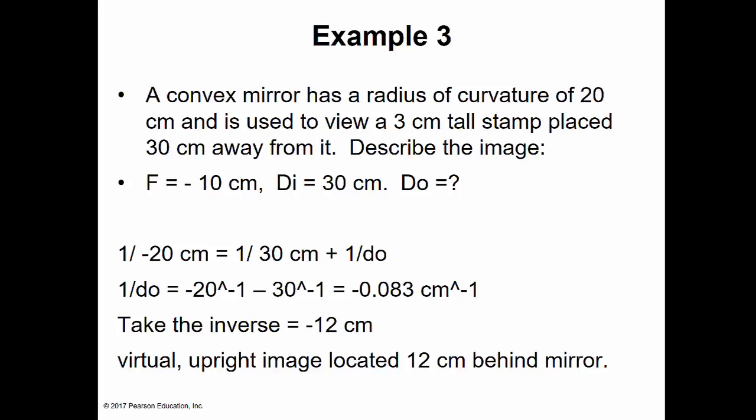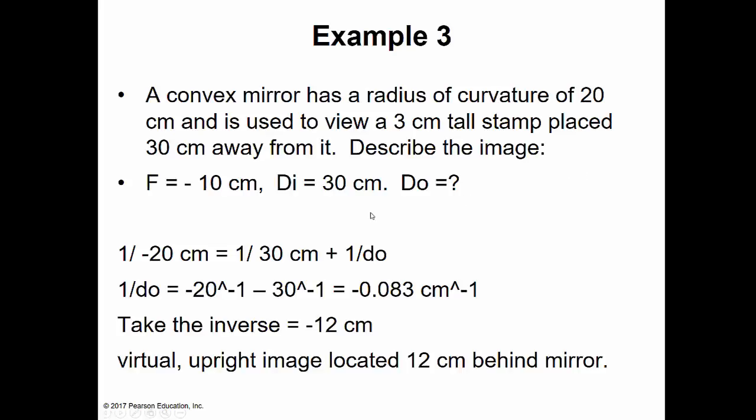When we do our math, we're going to have negative 20 minus 30 minus 30, which is going to give us negative 0.083 centimeters. Taking the inverse, we get negative 12 centimeters. Negative means it's virtual and it's behind the mirror. Upright, because it's virtual.